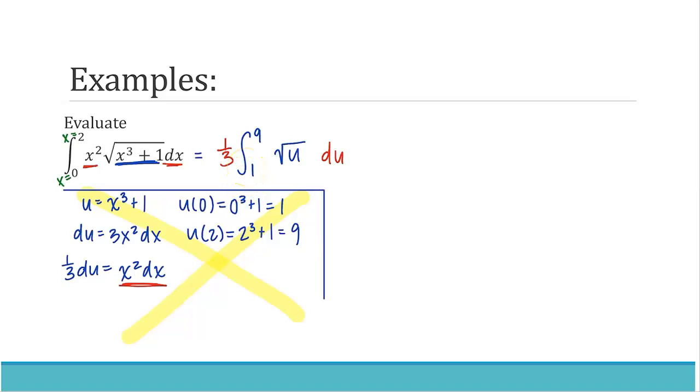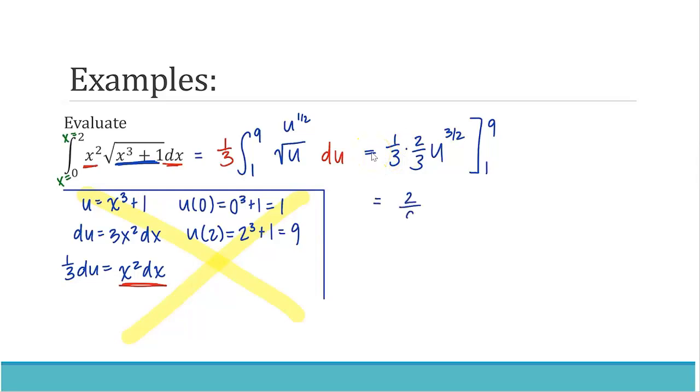So remember, square root of u is u to the 1/2. So this would be 1/3, and then we'd have u to the 3/2 times 2/3. So I added a 1 to 1/2, and then instead of dividing by 3/2, multiply by the reciprocal, and this is going to be evaluated from 1 to 9, because my answer is a number.